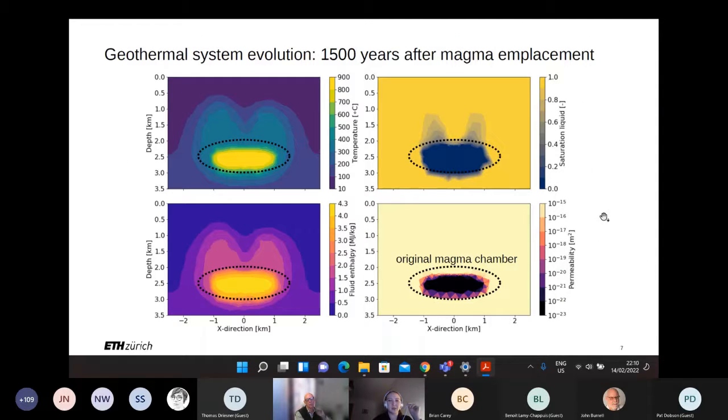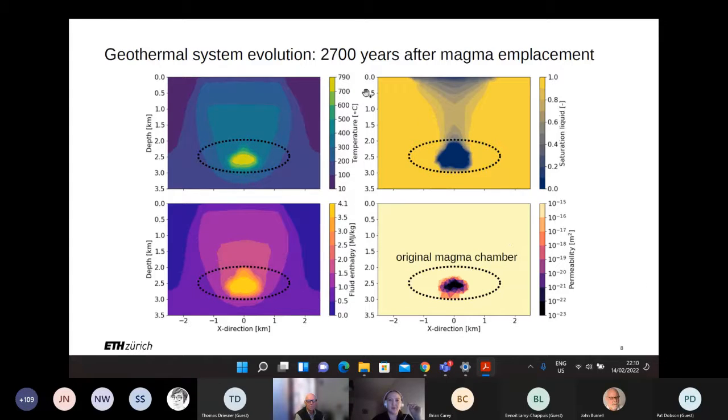So as I said, the incipient stage of the geothermal system evolution, where the magma chamber has just crystallized a little bit, and then after 2.7 thousand years, the magma chamber has substantially crystallized. We see the boiling that extends all the way from the surface to the top of the intrusion.